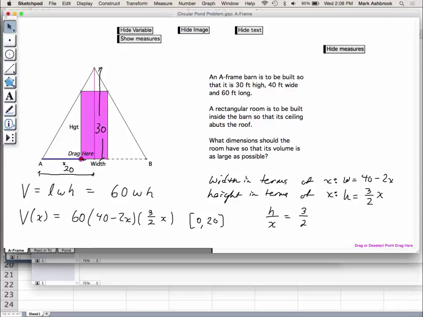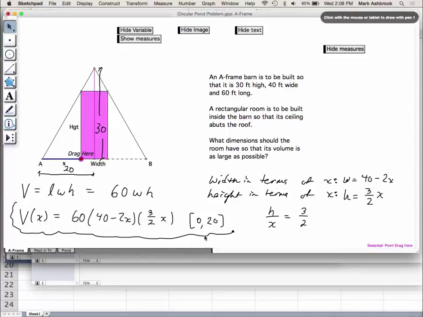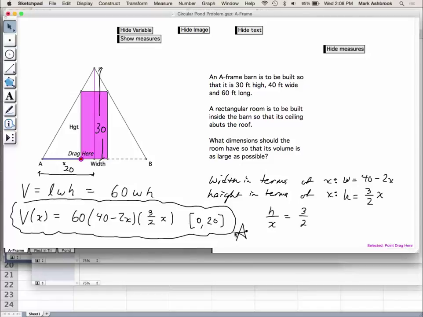So again, we'll be looking for critical values, a critical value that will give maximum volume. We won't do that. The rest, I think you can do. But again, the centerpiece of the problem is our function that gives us volume. We're looking for a critical value that will give the maximum volume.